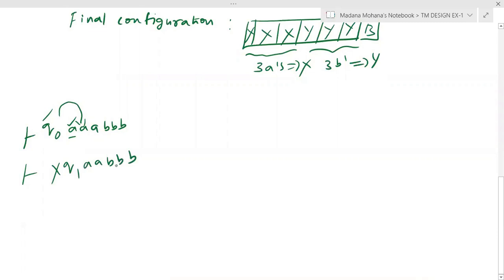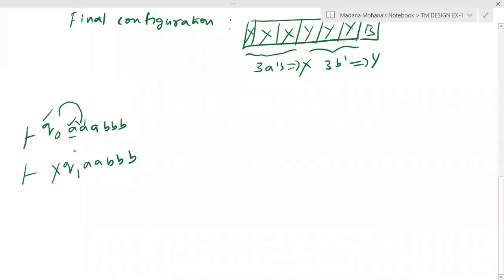You can see that a change of state occurs whenever an input is replaced with a particular X or Y. Whenever you are just skipping without replacing, don't change the state. So change of state occurs only whenever replacement occurs.